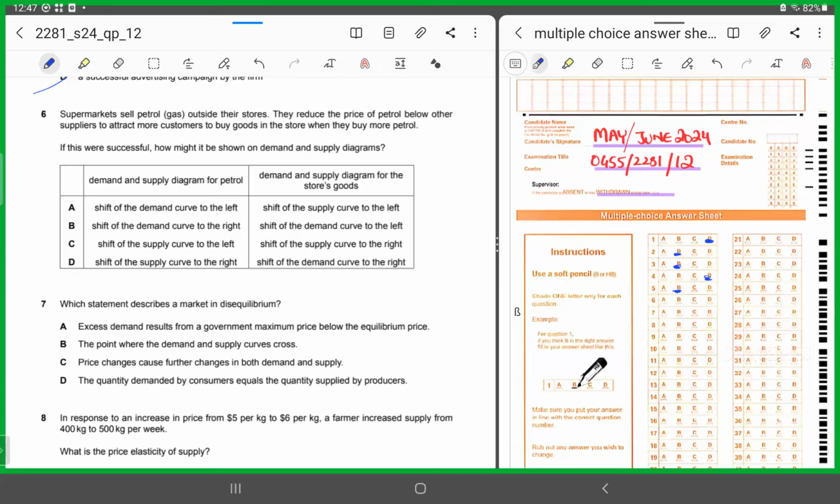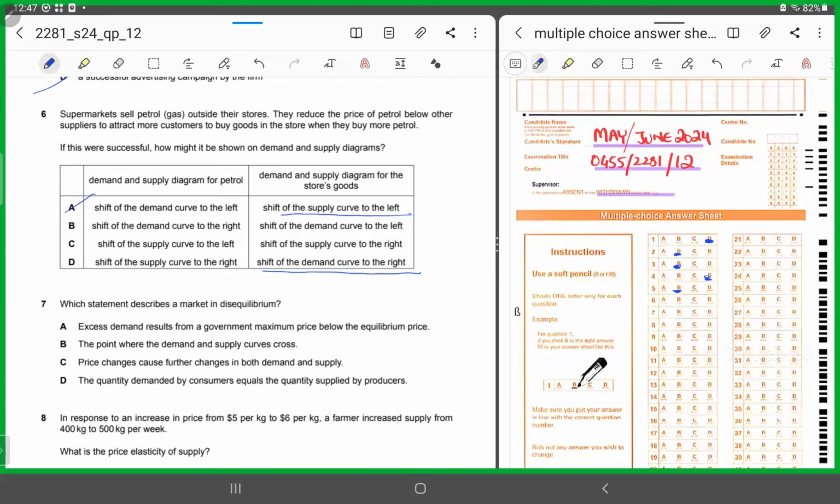Now, if the plan is implemented and successful, more consumers will be attracted. Why? Because of cheap petrol prices, which means they will also be going inside the store. So the demand for the store's goods will increase, right? So when the demand for the store's goods increases, what will happen? There would be a shift of the demand curve to the right, right? So it has nothing to do with the supply curve here.